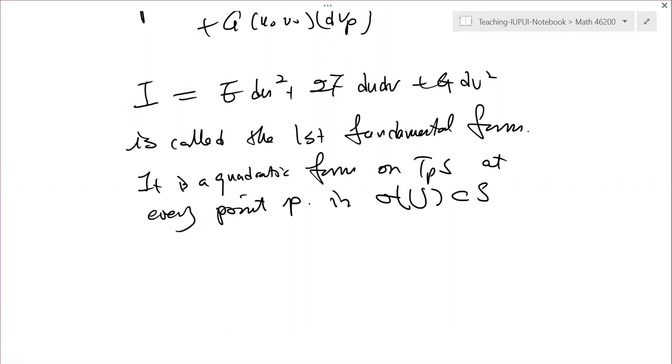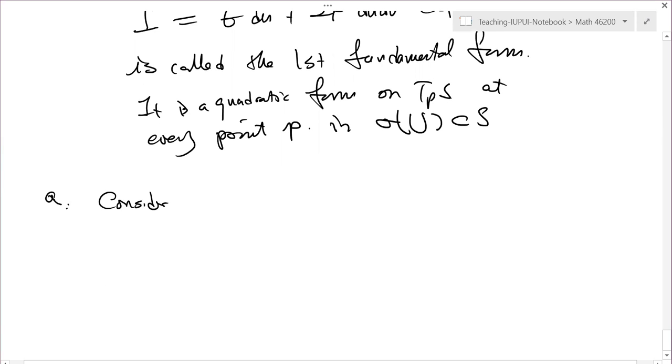All right, let's go back to a specific example again. Let's consider another example. I just describe the surface using a surface patch: sigma(u, v) = gamma(u) plus v delta(u).